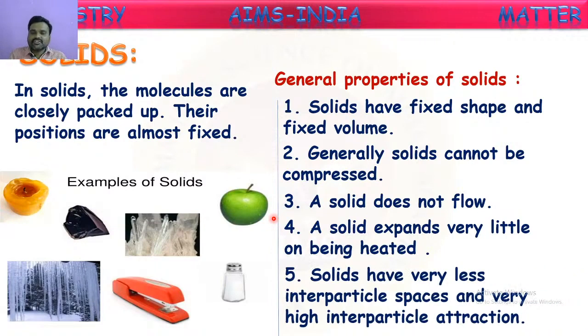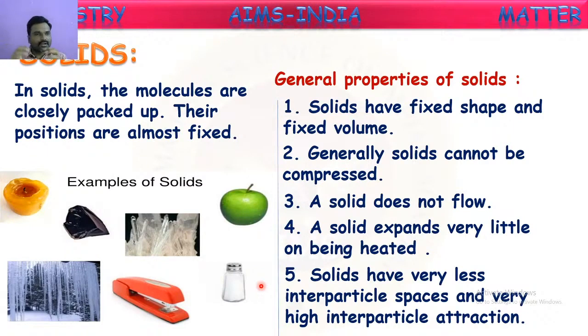Next property: solids have very little interparticle space and very high interparticle attraction. Here there are two points. Let us see them clearly. Interparticle space: as we said at the start, every matter is made up of small particles called molecules.